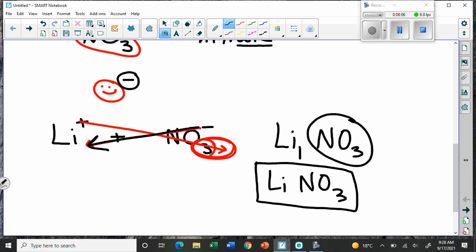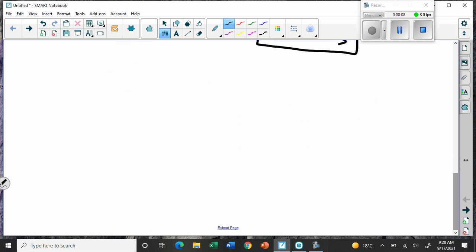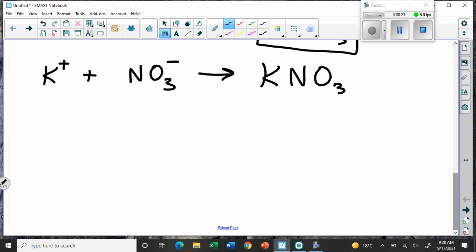So if we were to do a whole bunch of combinations here, let's go down the column. We could take potassium plus nitrate, -1 plus 1. So when you crisscross them, the 1s that are crisscrossed down don't seem to matter, and we get to there. That's potassium nitrate. Notice it's not potassium nitride.